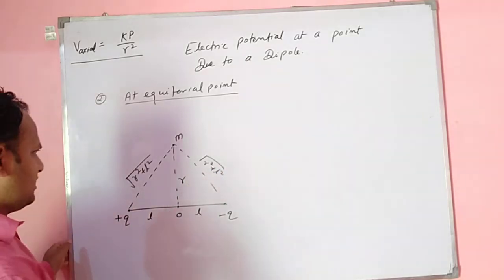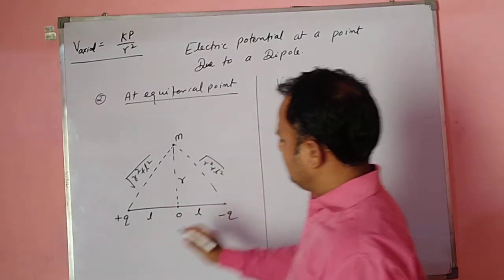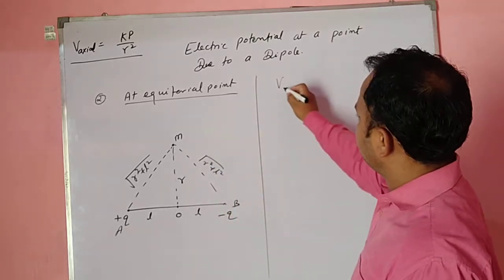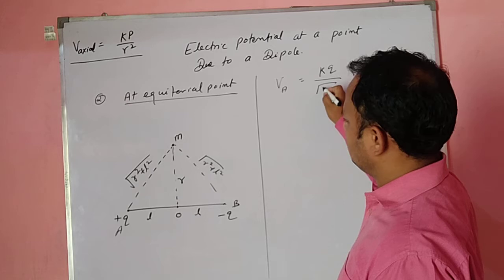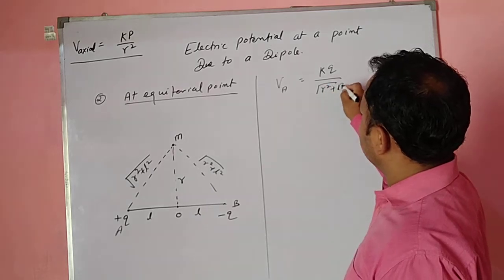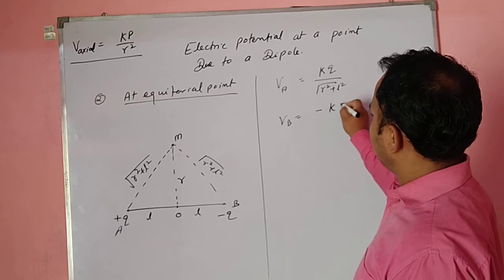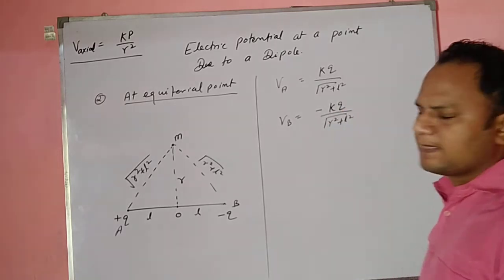Now, if I calculate the potential because of this charge at point A, this is Kq by under root r square plus l square, and similarly at B it is minus Kq by under root r square plus l square.